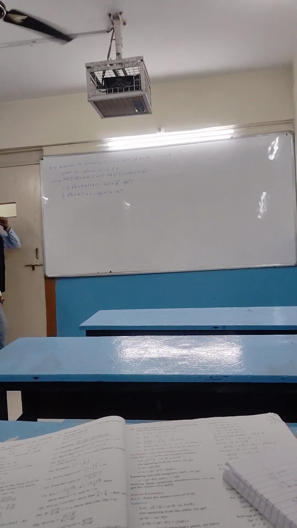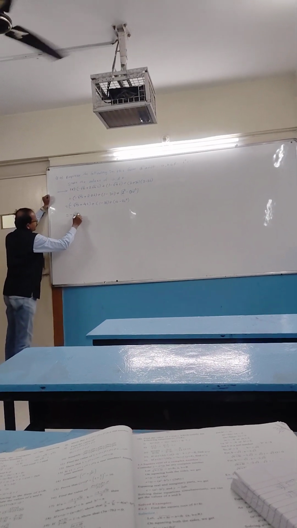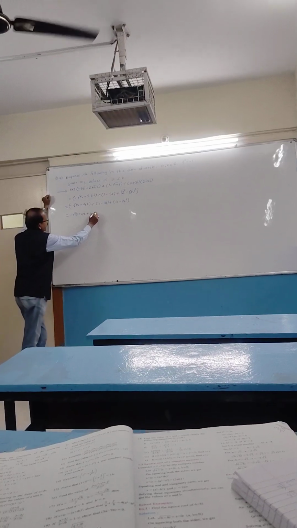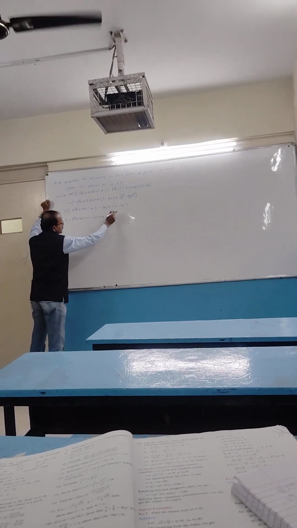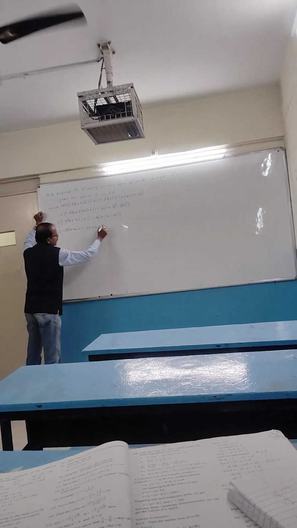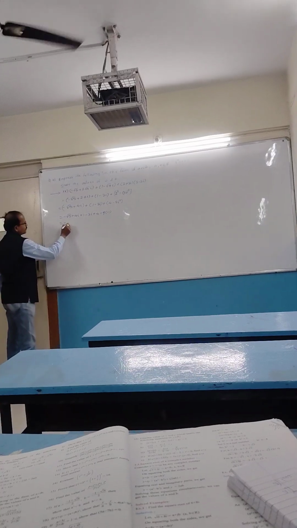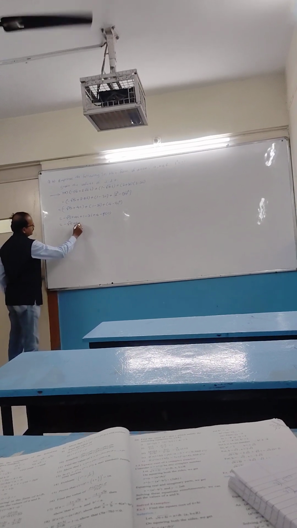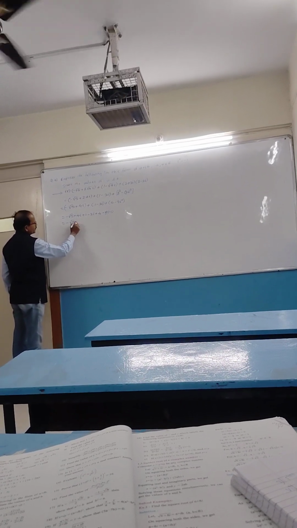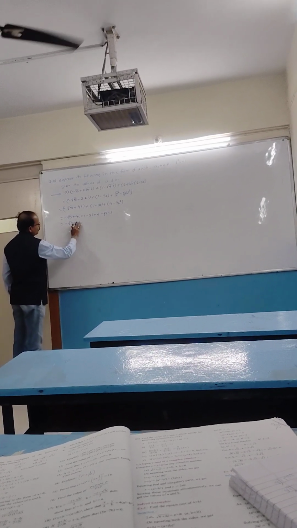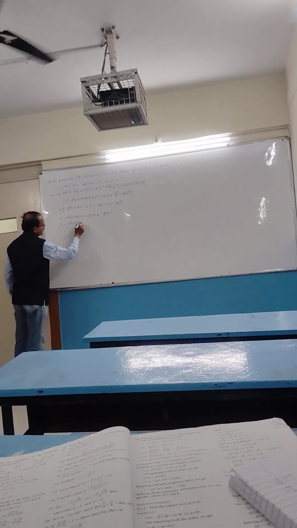Now solve this bracket, which is −√5 + 4i + 1 − 3i + 4 − 9i², and i² is −1. Now solve this: −√5 + 4i, plus 1, plus 4, minus of minus plus 9.